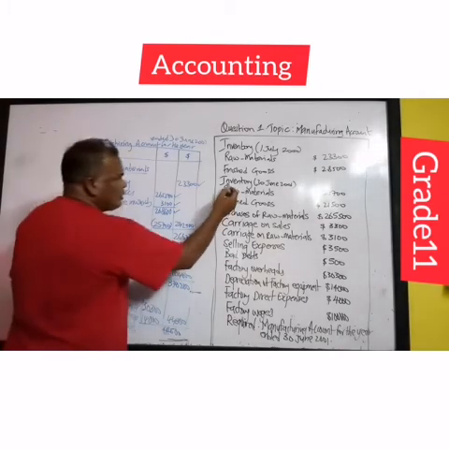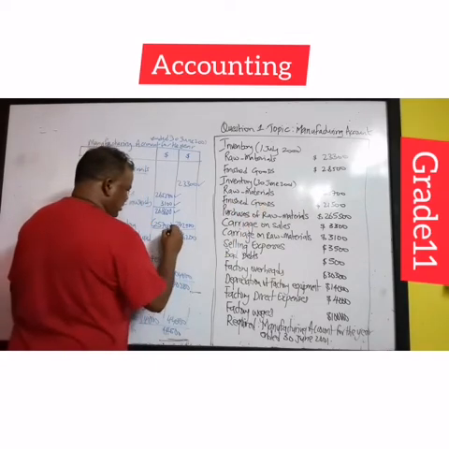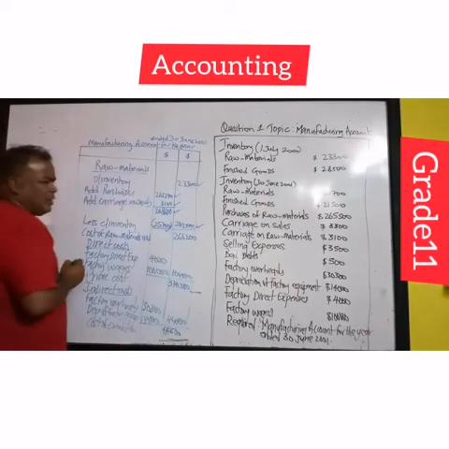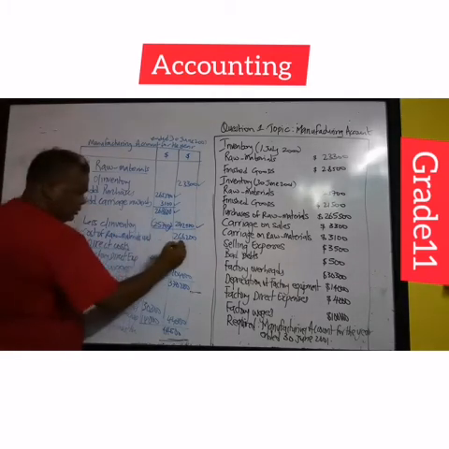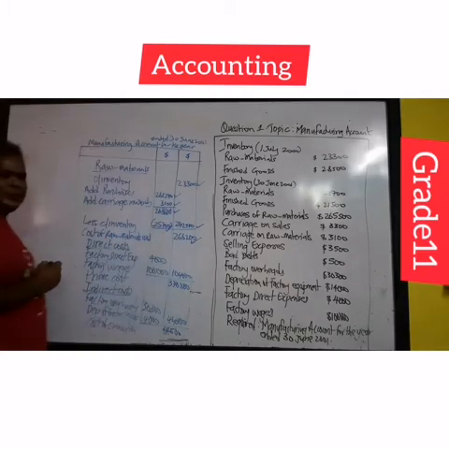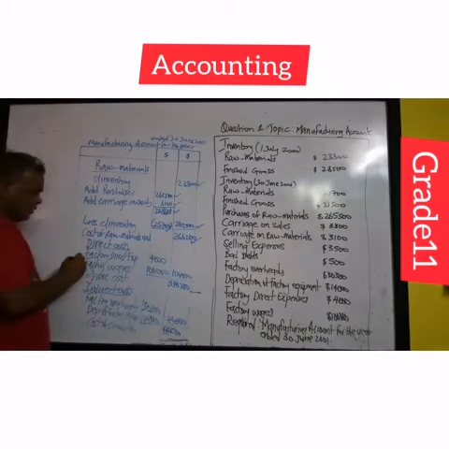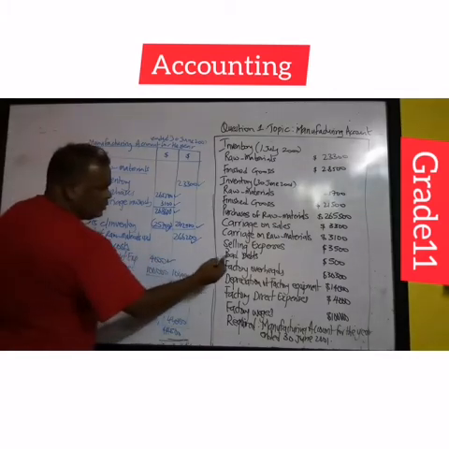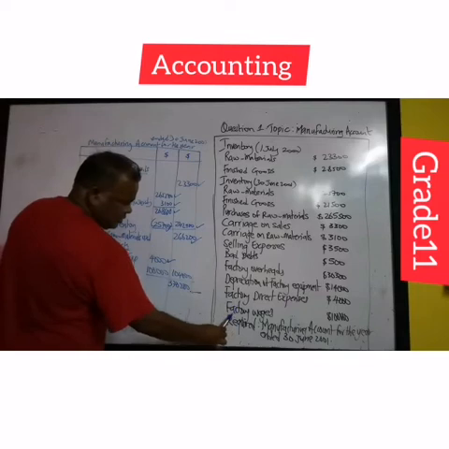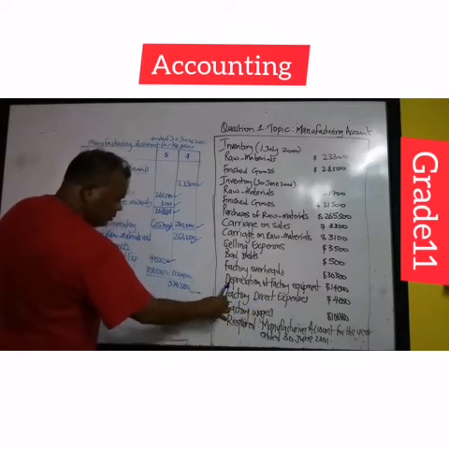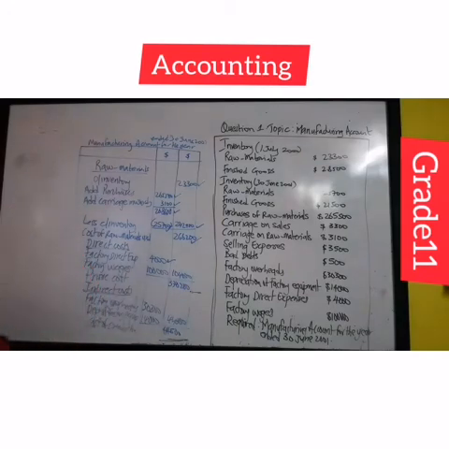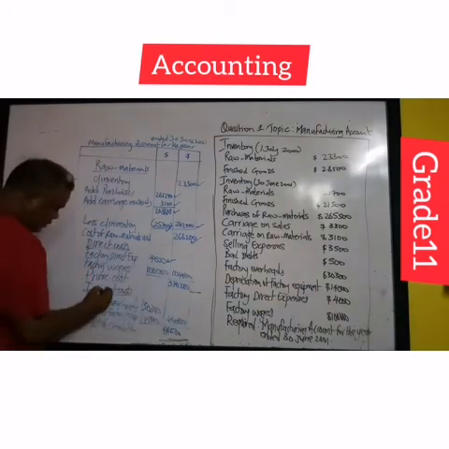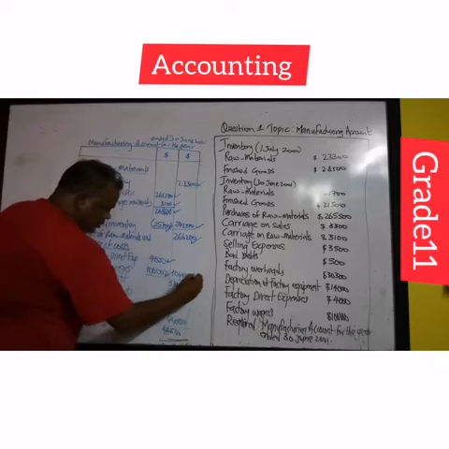Less closing inventory of materials, 25,700, that gives us 242,900. Then we add 23,300, that gives us 266,200. Then we have direct costs, factory direct expenses, 4,000, factory wages, 100,000, that gives us 104,000.